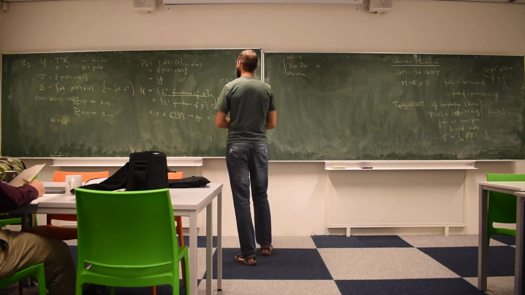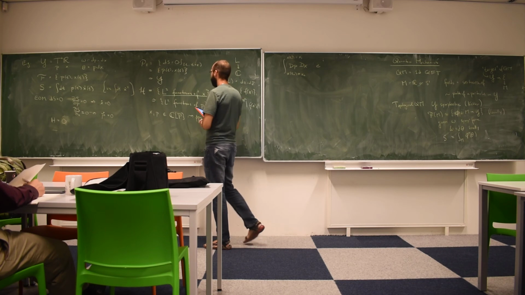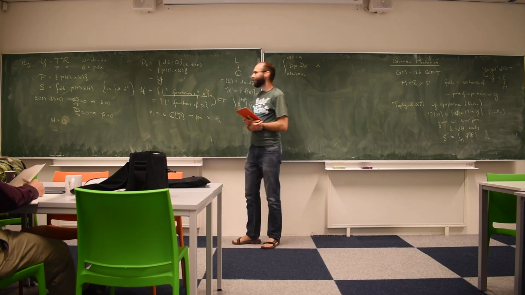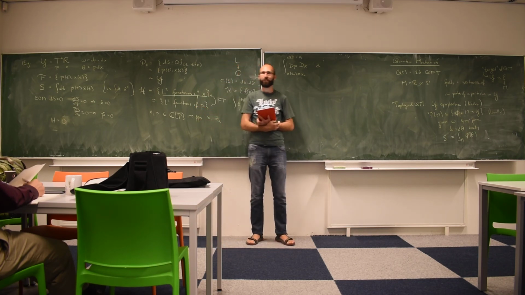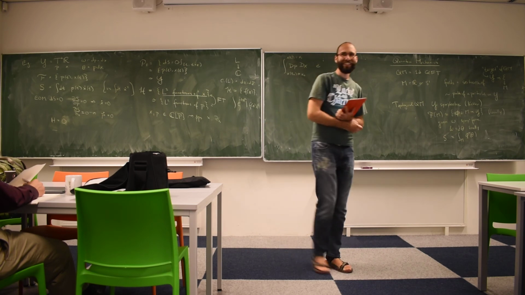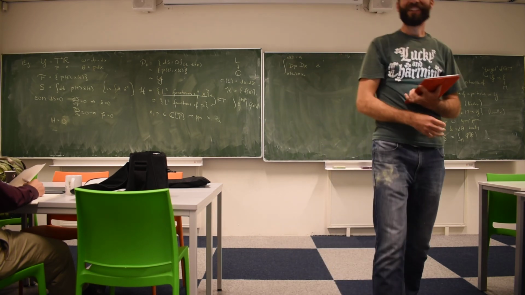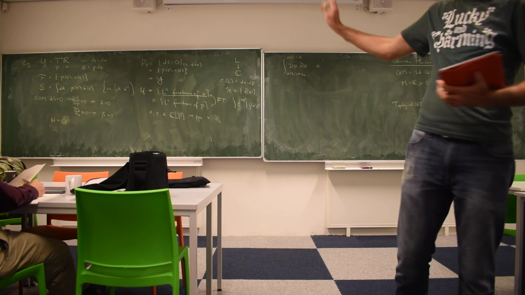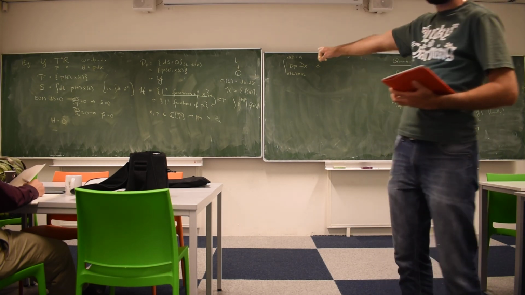I was trying to connect to intuition that people in the audience might have had about quantum mechanics with particles moving in a real direction. Yeah, some of us are just so dumb. We don't have that. So if you don't have that intuition, ignore that completely and work with the complex.